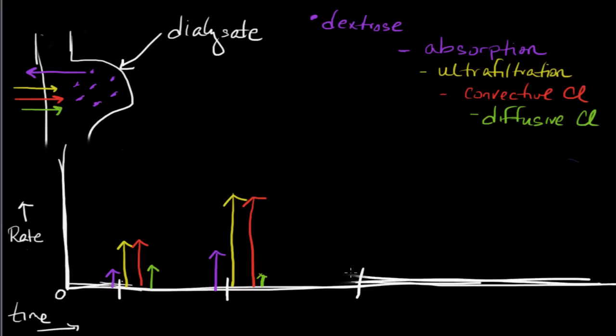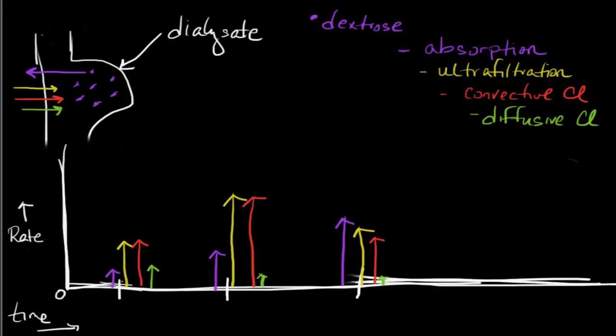Well, now we're going to have an increasing amount of dextrose absorption. And because we absorb more and more dextrose from time 0 onwards, our ultrafiltration rate is going to drop. As a result, our convective clearance will also drop. And finally, we'll get a little bit of diffusion, but not too much.